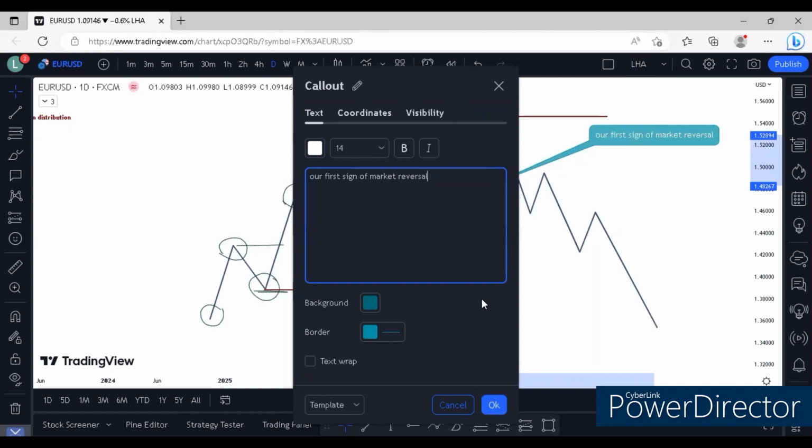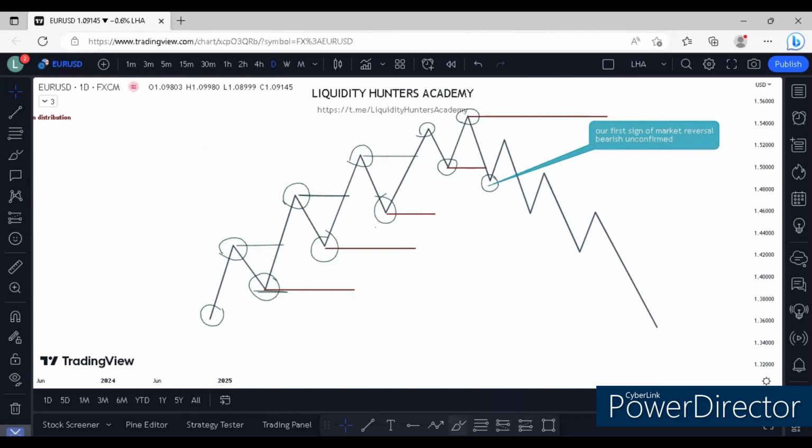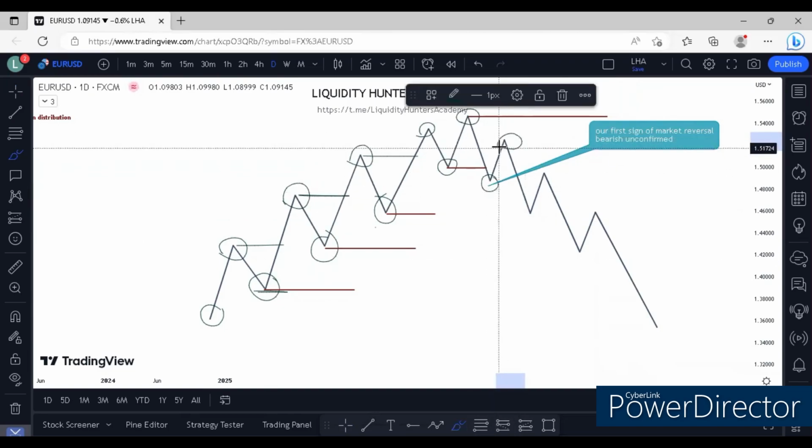Bearish, unconfirmed. Why am I stating that this is unconfirmed? Just because we didn't get this high yet to get our four points: 1, 2, 3, and 4.